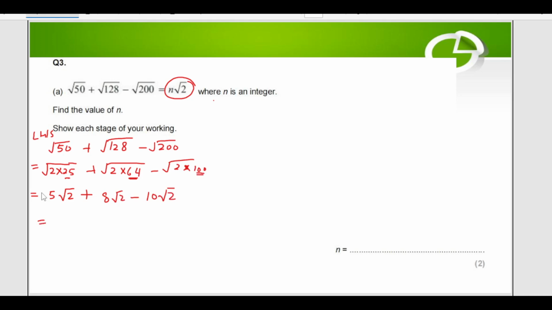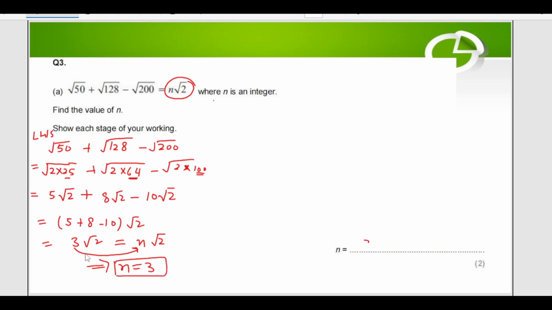Now square root 2 is common, so 5 plus 8 minus 10 root 2. So 5 plus 8 is 13, minus 10 is 3 root 2, and this is equivalent to n root 2. So it's very clear now what the value of n is. If you compare, n is 3. So this is our answer.